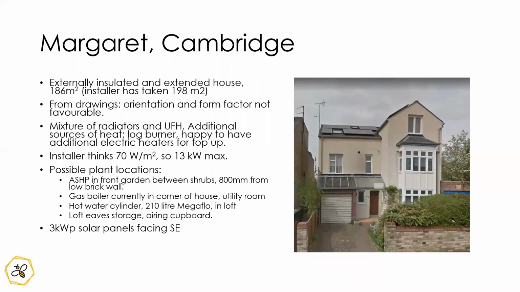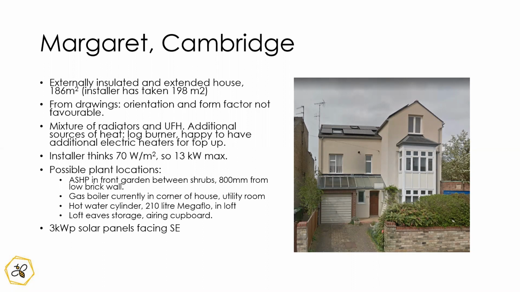So we'll look at the insulation works that she's done. And then there's a mixture of radiators and underfloor heating, and she's got some top-up sources of heat, so log burners, and happy to have electric heaters.